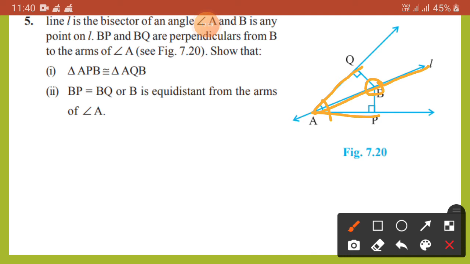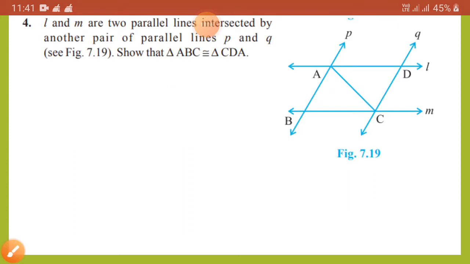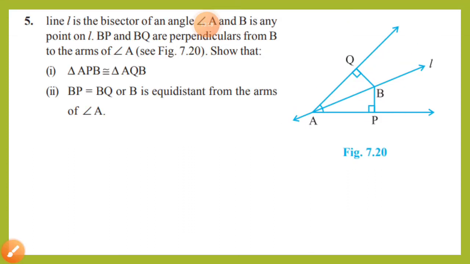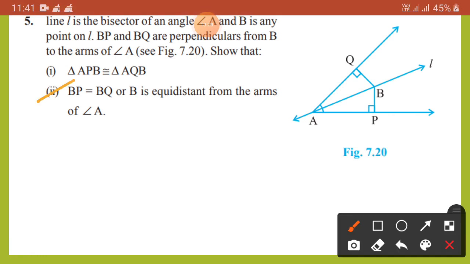Now we have to prove, number 1, that triangle APB is congruent to triangle AQB. And number 2, BP is equal to BQ, or B is equidistant from the arms of angle A. Equidistant means the distance is equal.